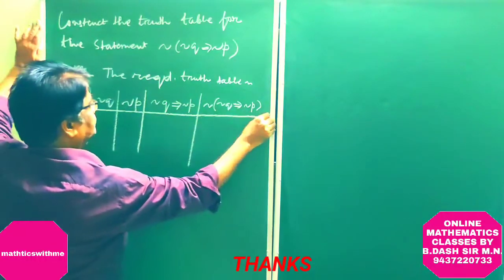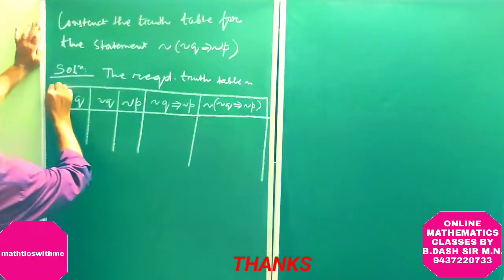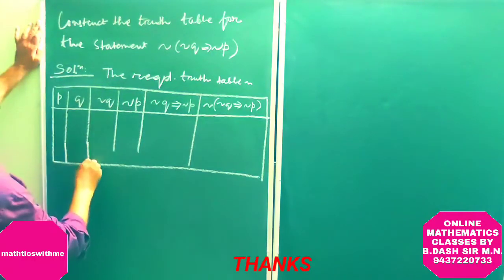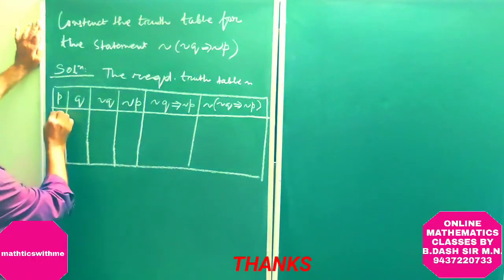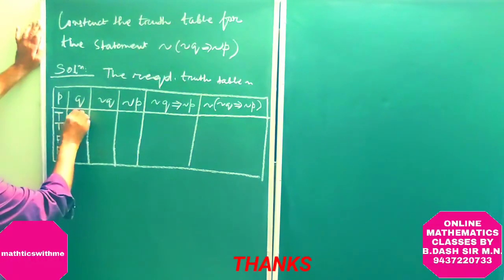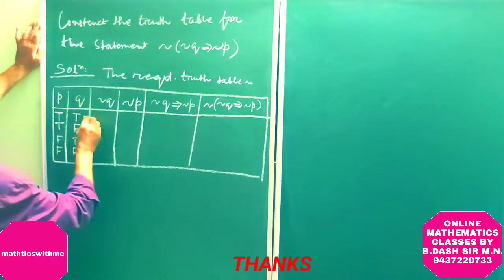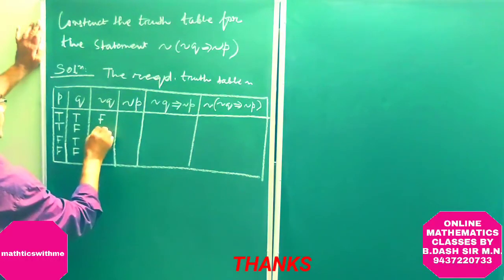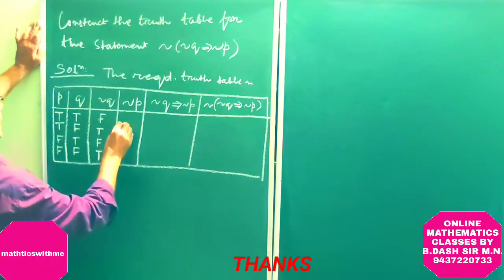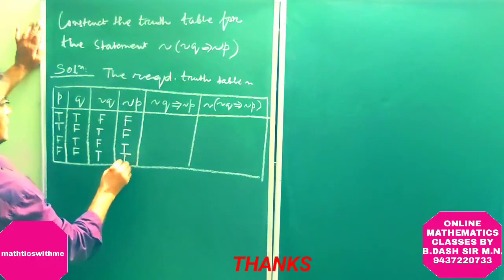So P is TTFF, Q will be TFTF, negation Q will be FTFT, negation P is FFTT.